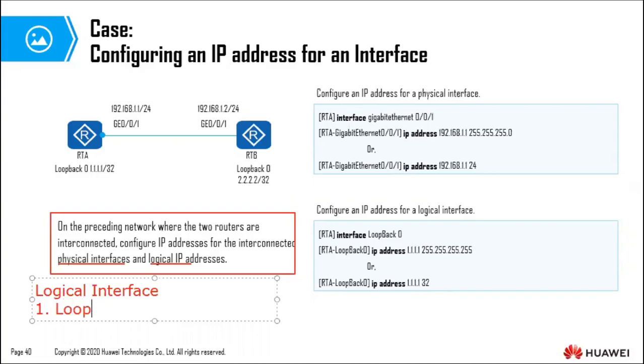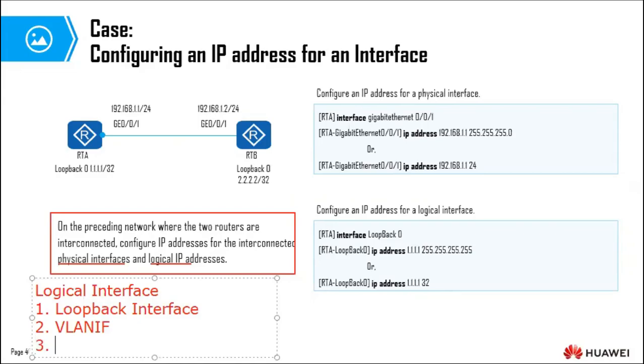What we're going to create here is something we call a loopback interface. Otherwise, as we go on, you're going to meet other virtual interfaces like VLANIF. Just in the afternoon, we are going to see another virtual interface called NULL0.